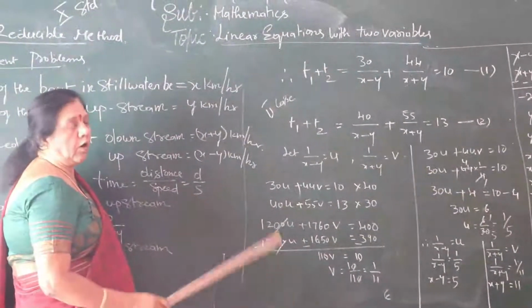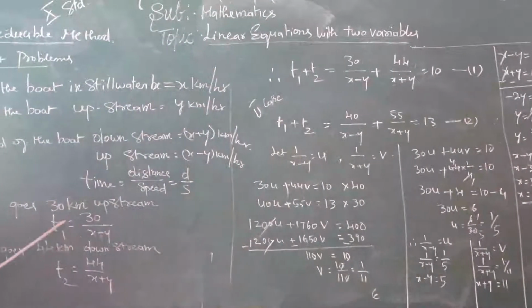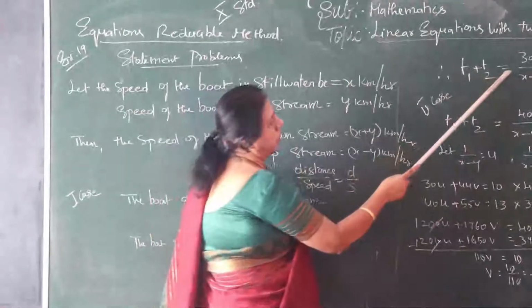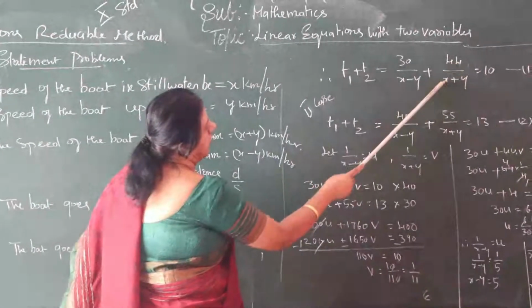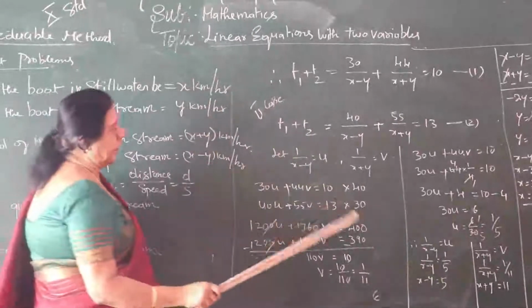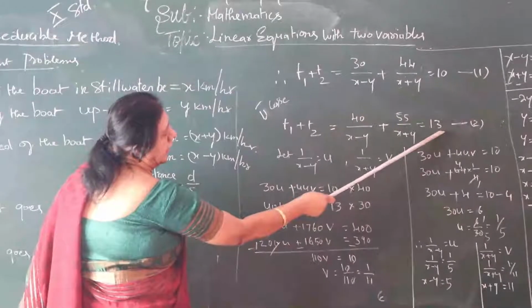Okay children, follow it. Now I will explain once again. Adding T1 and T2: 30 by x minus y plus 44 by x plus y is equal to 10. The same thing in the second case: 40 and 55, in 13 hours.